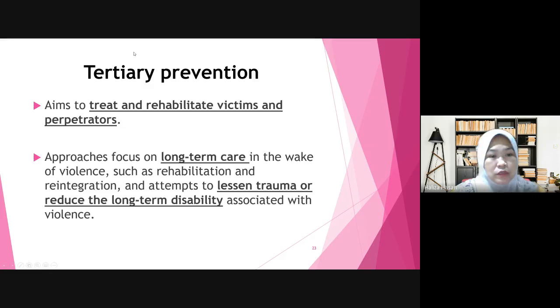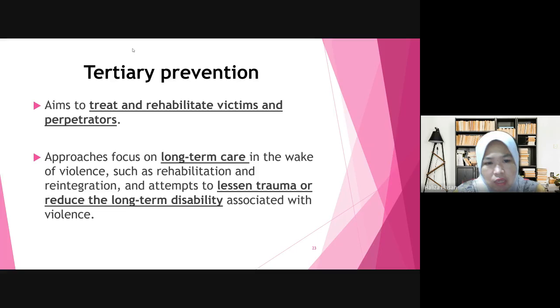Okay, for tertiary prevention, when the violence happened, with the secondary prevention we stop the violence, and then after that we continue with the tertiary prevention.